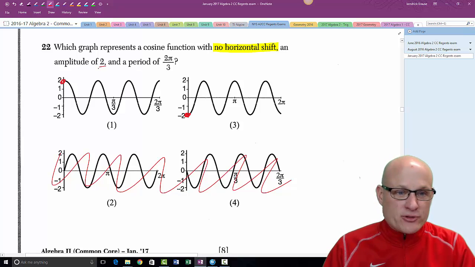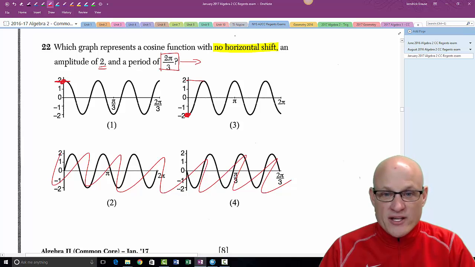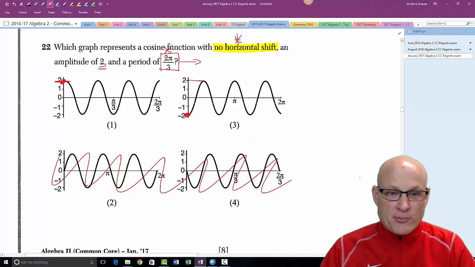It has an amplitude of 2. This has an amplitude of 2. And a period of 2 pi over 3. Now this was the important part.